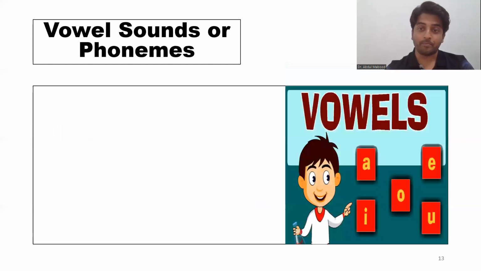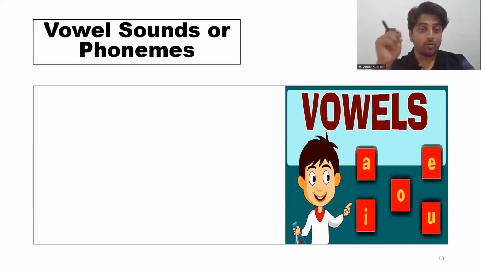Now we'll discuss the vowel sounds, or the phonemes. We knew that there are five vowels: A, E, I, O, U. But did you know that these vowels can produce more than one sound? Like I gave the example in the beginning, of cat and ball. In both words the vowel A is used. But in the case of cat, A gives the sound a, and in the case of ball, A gives the sound o.